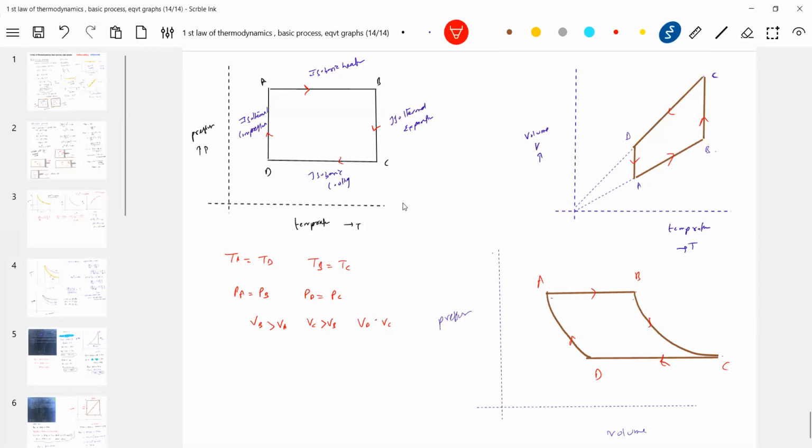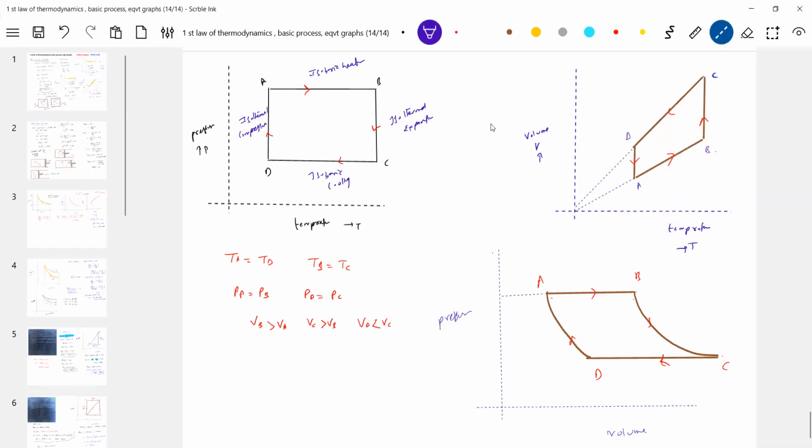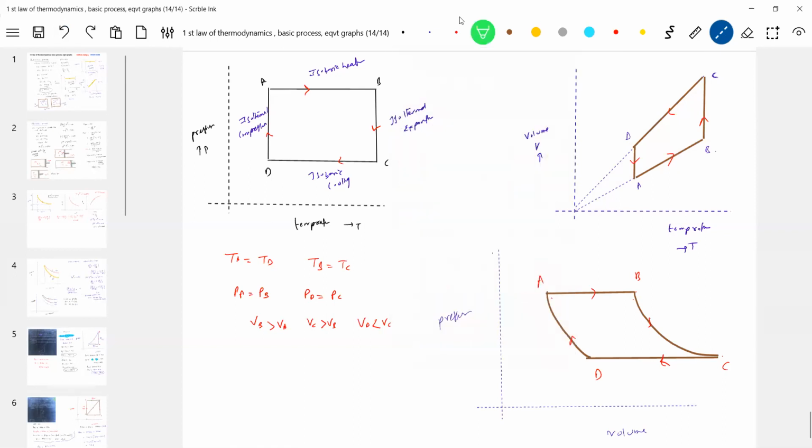So there's a small correction here. AB should be parallel to DC, isobaric process. Look at the isobaric process: pressure should be constant, no? None of the things are working.